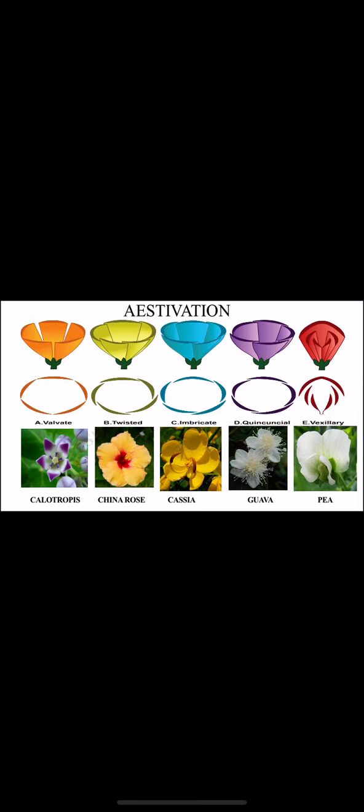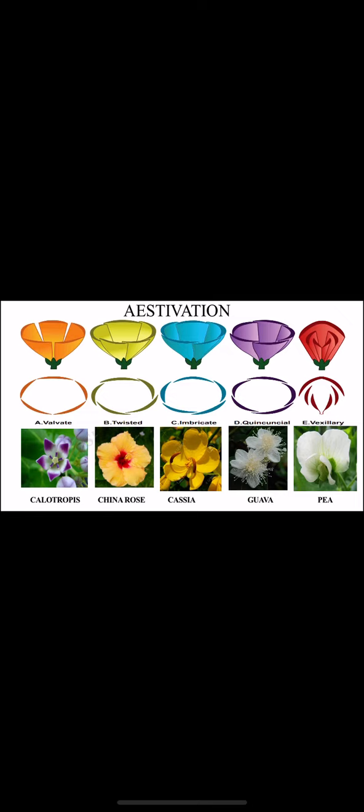And next is aestivation. Aestivation means the arrangement of sepals or petals in a flower bud. It is of 5 types: valvate, twisted, imbricate, quincuncial, vexillary. Valvate means the sepals or petals touch one another without overlapping, whereas in twisted, the sepals or petals overlap with one margin.